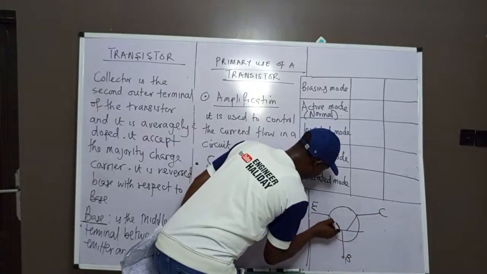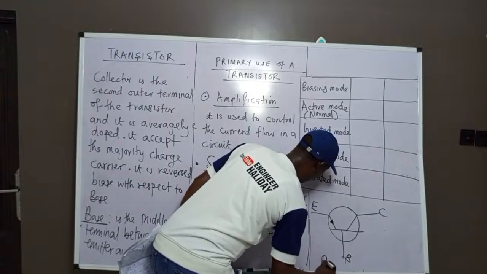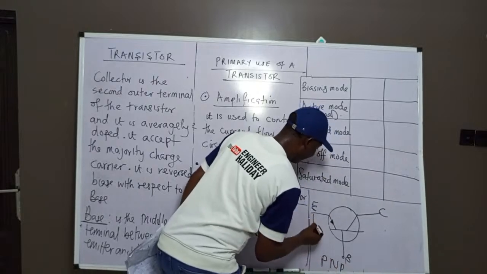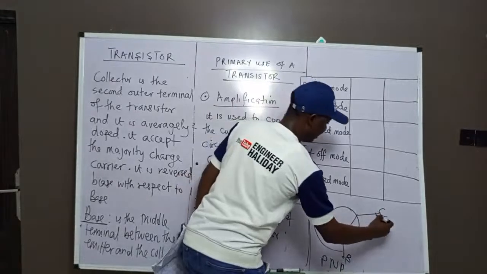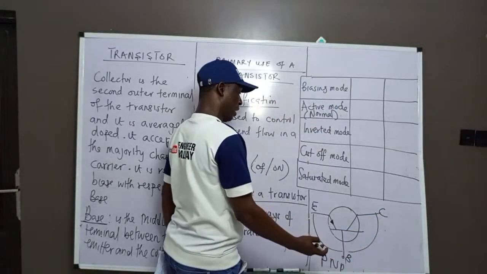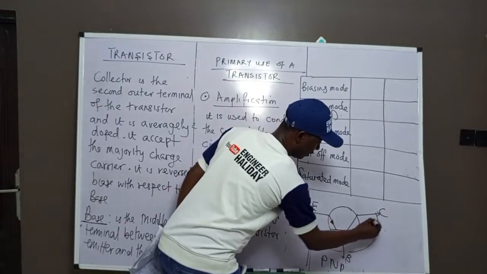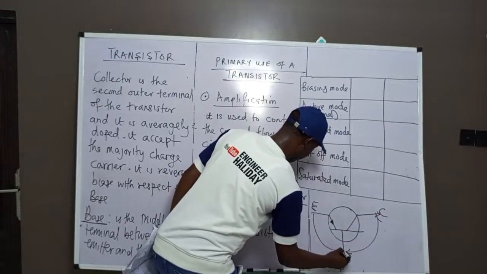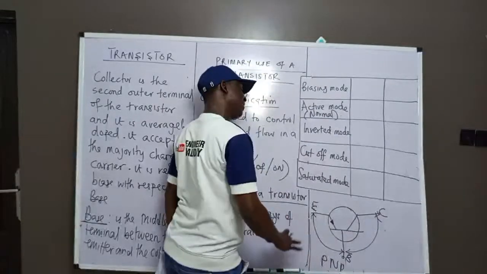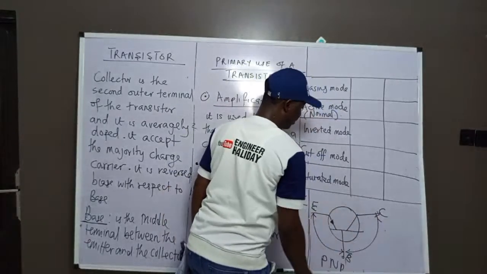Now, if I draw a PNP by making the arrow go out, there are two sides of the diode we are now seeing. The emitter base and the collector base. Look at the arrow. So we are seeing two sides of the transistor.